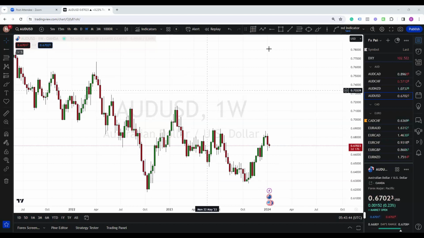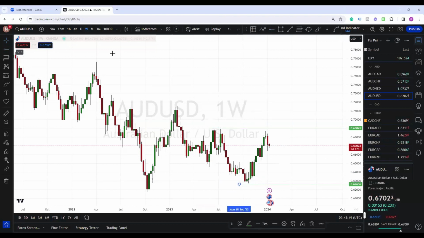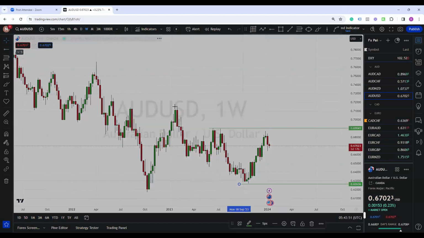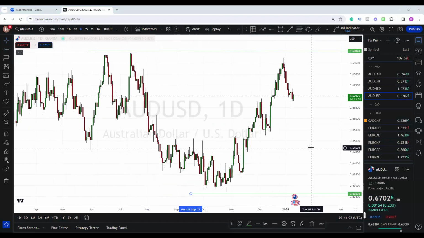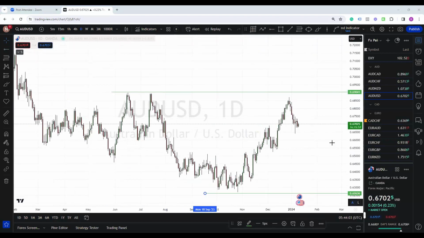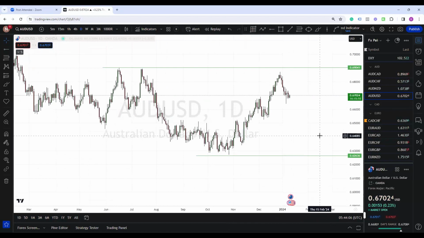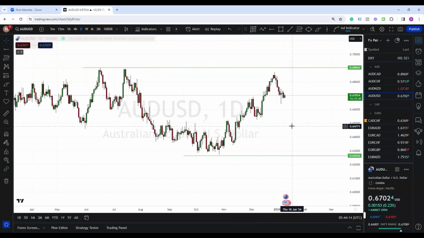Then I look at the current position in daily with reference to the weekly. From what I see, it's above 50%.